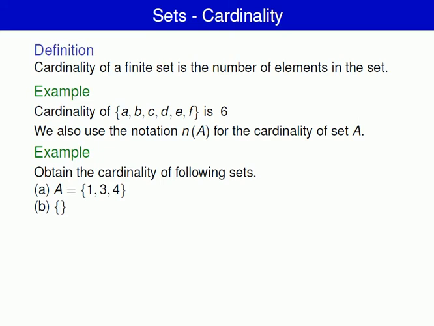The cardinality of A, N of A, is equal to 3. The second one is the empty set. Cardinality for a finite set, remember, is the number of elements in the set. The question is, how many elements are there in the empty set? It's empty. The number of elements is 0. So the cardinality is 0.